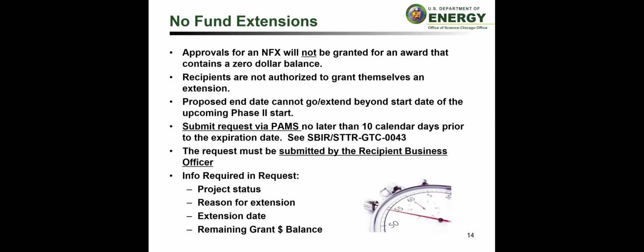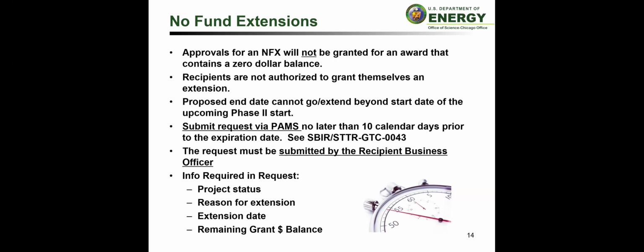First and foremost, approvals for no fund extensions will not be granted for an award that contains a $0 balance. So if you've exhausted all of your money on the award, we're not going to grant you a no fund extension just to keep it open for lines of credit, etc., for whatever reason. Also, recipients are not authorized to grant themselves an extension.